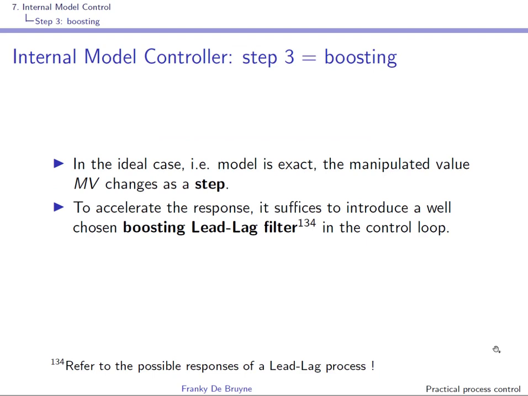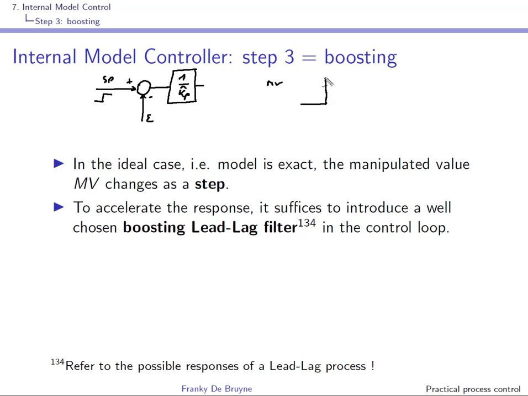For this step 2 IMC controller, MV was constructed from the set point, right? And then we were subtracting the model error, and then we were dividing by the gain of the model, right? And this is leading to an MV, right? And in case of a set point change here, and assuming that we have a process with delay, MV will look something like this.